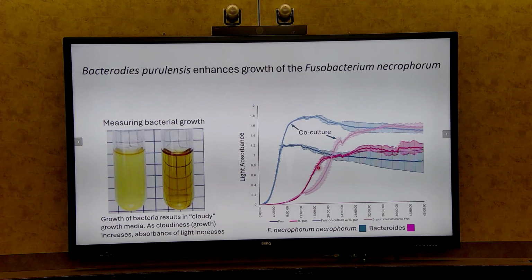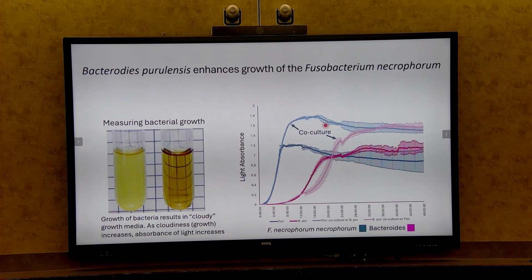And I don't think I put the data on here, but the reason that this was really intriguing to me was when you look at the genome of this organism, it encodes a lot of things that would help break down tissue. So my hypothesis is that if you have both of these together, they both work together to help break down the tissue, colonize the tissue, and then over time, Fusobacteria grows much faster than Bacteroides.